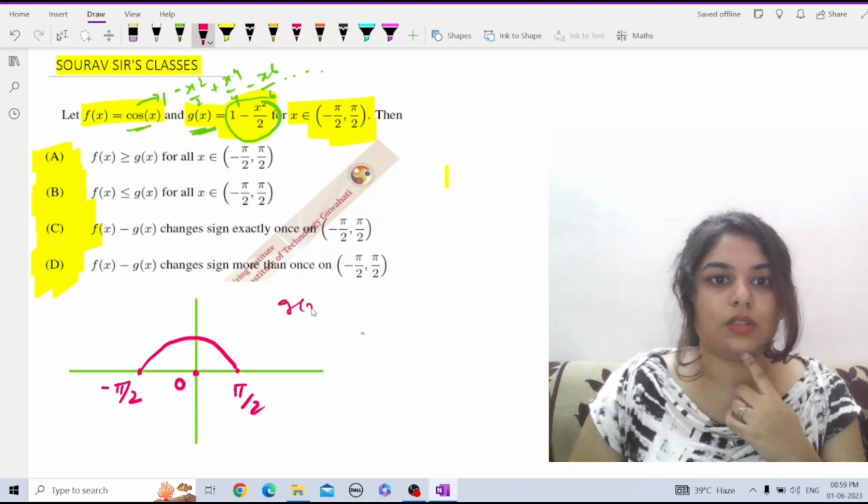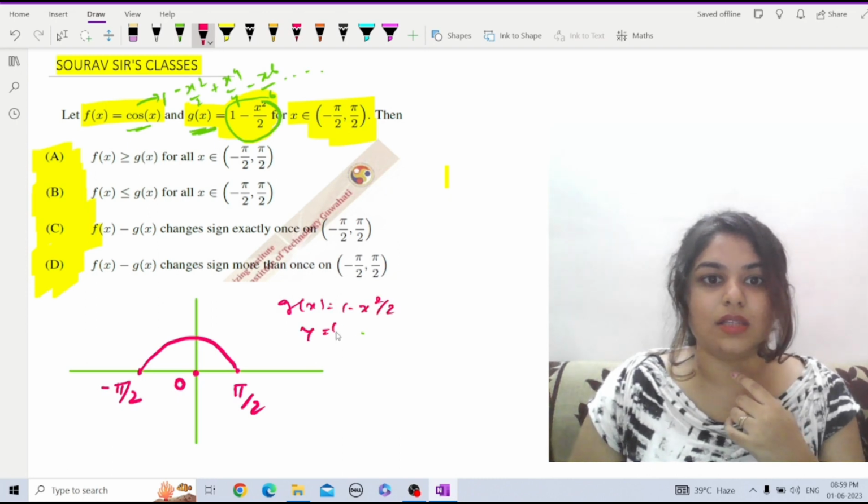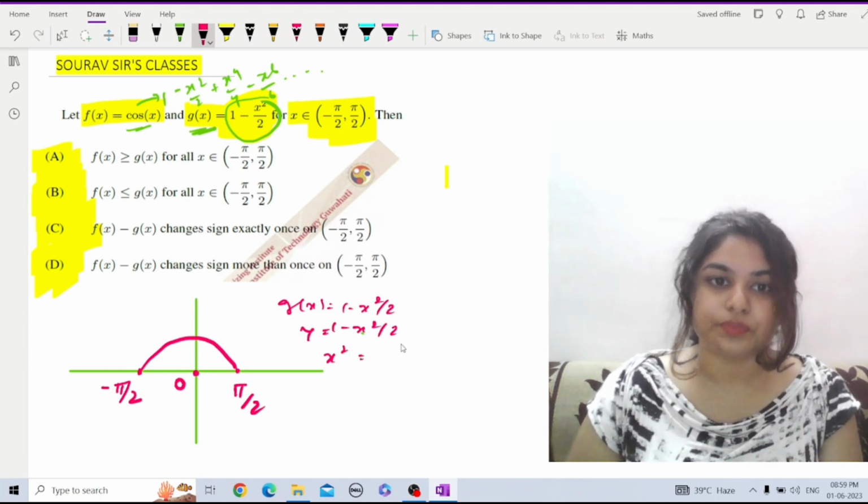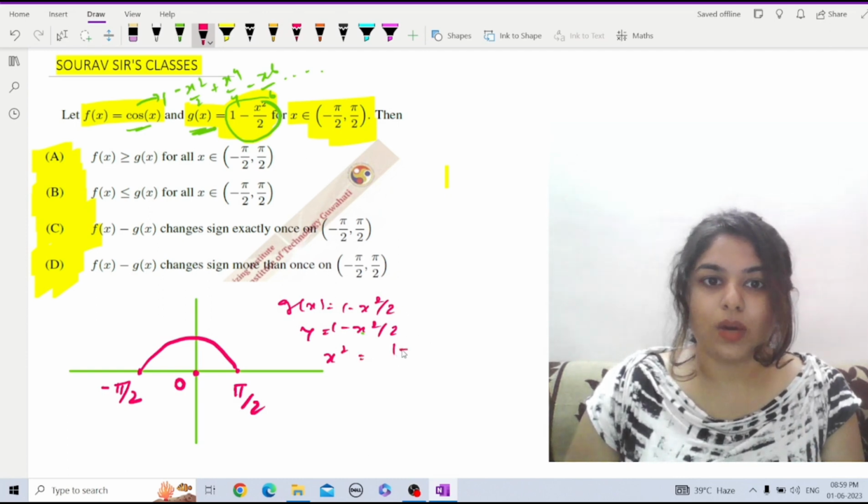We know that g(x) is equal to 1 - x^2/2. Let y = 1 - x^2/2. From here we have x^2 = 2(1 - y).